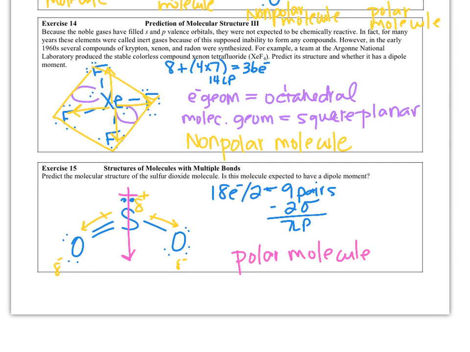So you need to have a correct Lewis structure. Look at the polarity of your bonds and then see if they cancel out. So if your structure is symmetrical, then the polar bonds would cancel. And if they're not symmetrical, then polar bonds will not cancel. So that'll help you determine if it's polar or nonpolar. So there's a lot of steps involved in figuring out the polarity of different molecules.